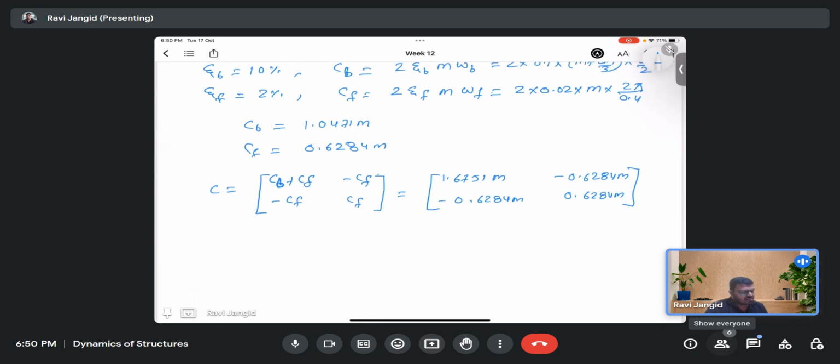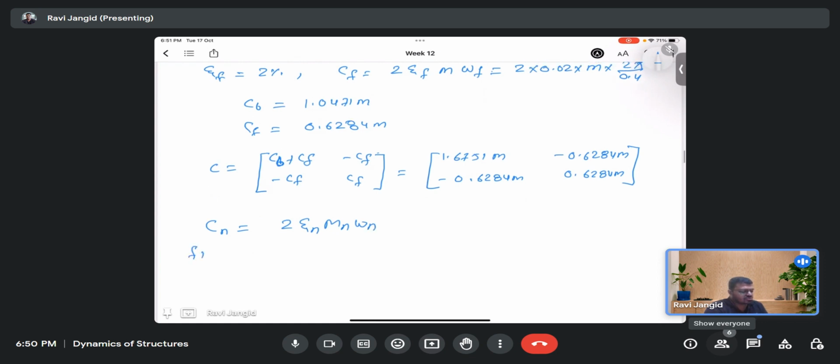So to find out the modal damping, what is that? 2 ξ_n M_n ω_n. So for the first mode, my ξ1 would be C1 by 2 into M1 times ω1. So C1 would be what? φ1 transpose C times φ1.